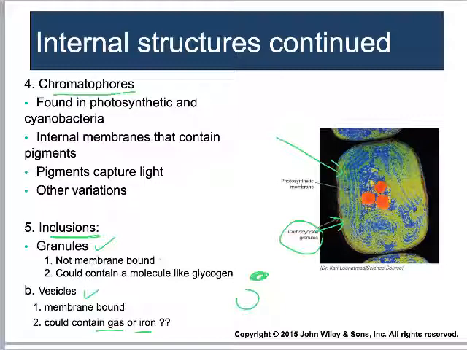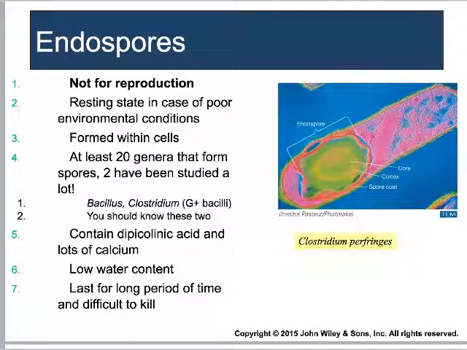Okay, now endospores. Endospores are not for reproduction, even though sometimes people just say they're spores. It's not like a seed, but it is a resting structure. If environmental conditions get bad, so that the bacteria start to run out of food or water, they'll form this resting spore within the cell.